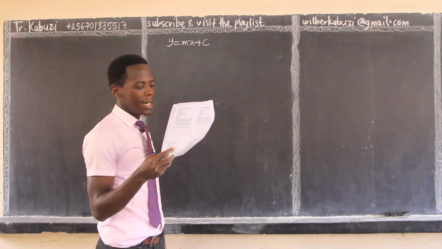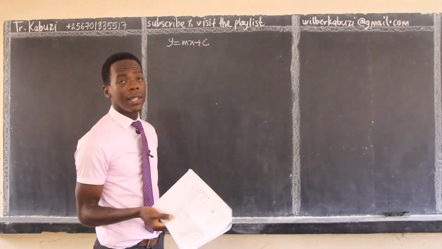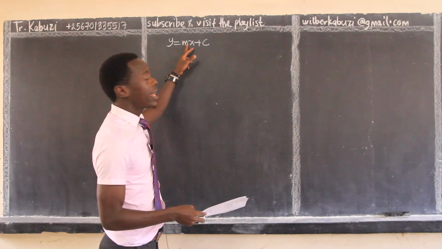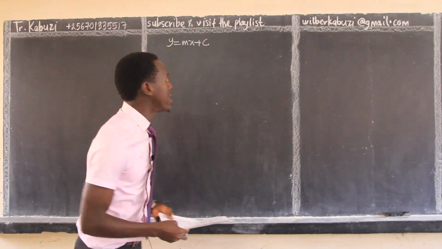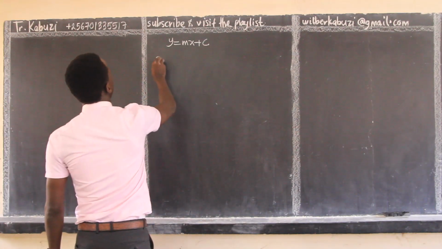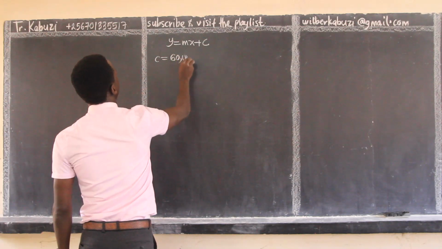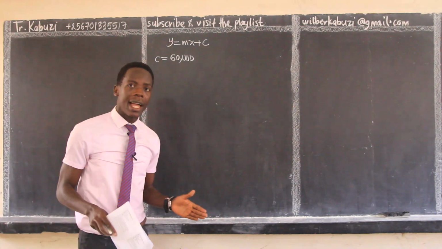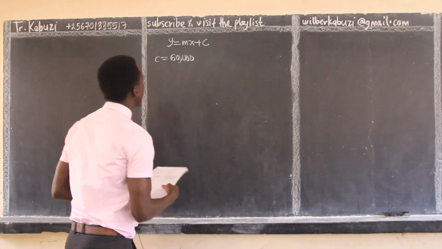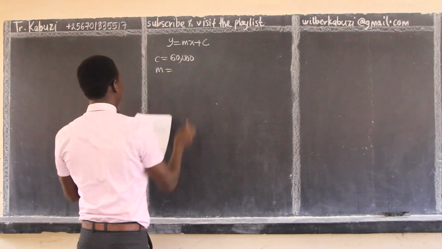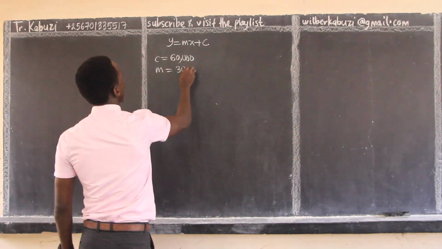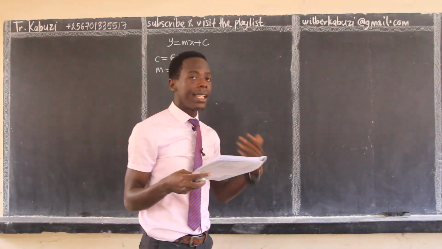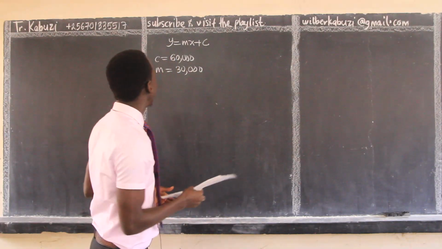Then additionally, 30,000 per day. So the thing that is going to be varying is the gradient, that is 30,000 per day. So from here, my c is going to be the 60,000, the entry fee, which you have to pay immediately at the entrance. Then our m is going to be the 30,000 for every day, per day spent in the park.